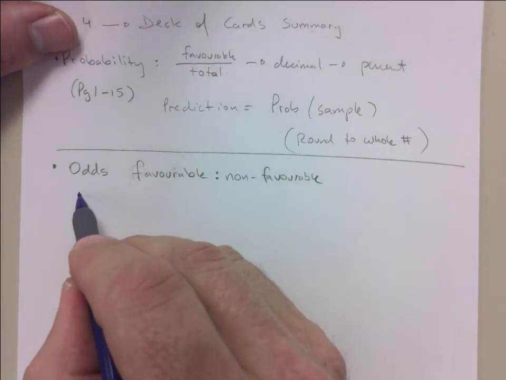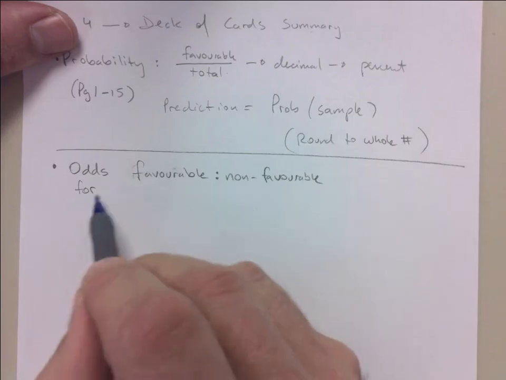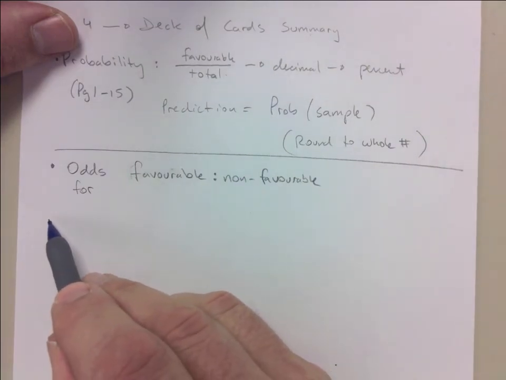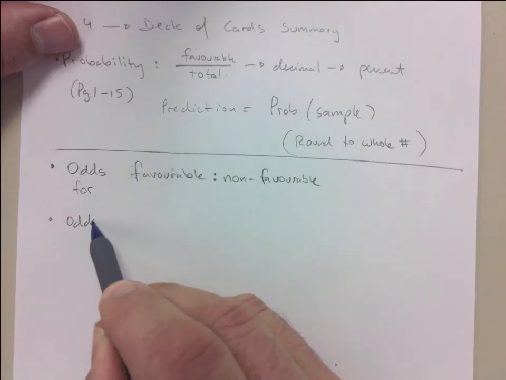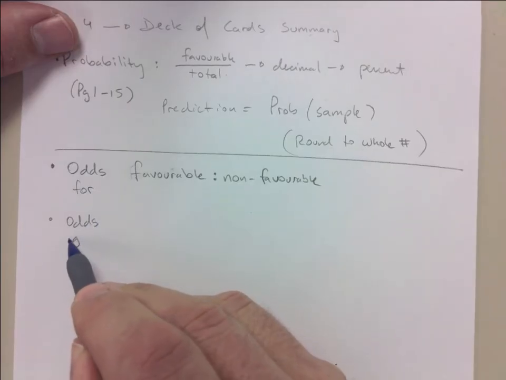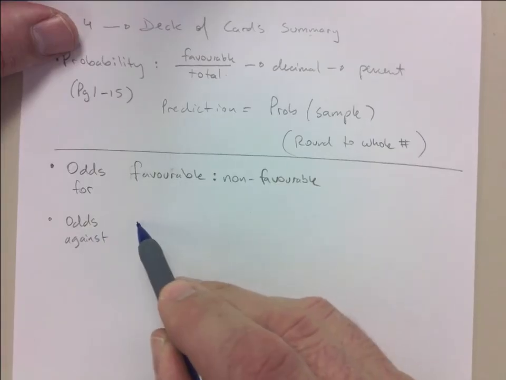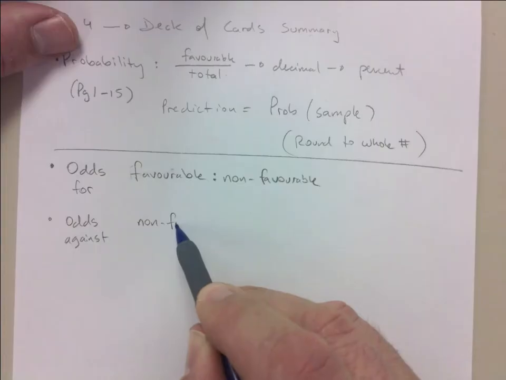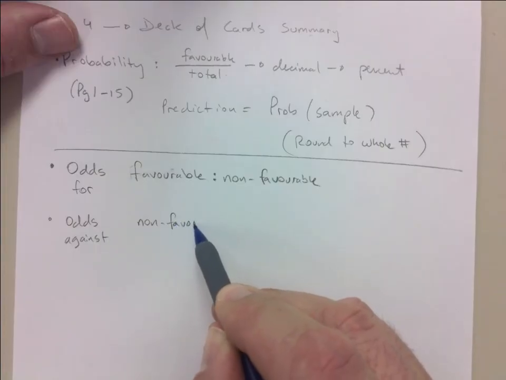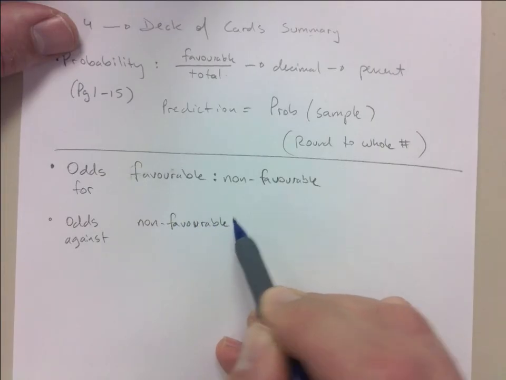Odds against, you do exactly the opposite: non-favorable to favorable.